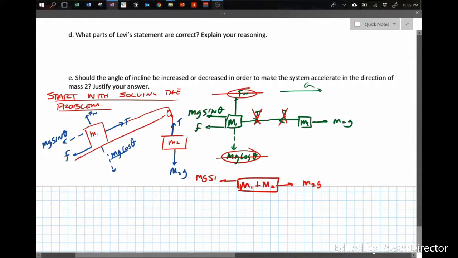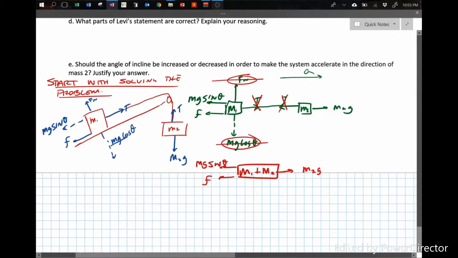And M1G sine theta pulling this way. Friction pulling that way. If I want to look at my acceleration in that direction of motion that we want towards mass 2, it's going to be M2G minus M1G sine theta minus friction divided by M1 plus M2.